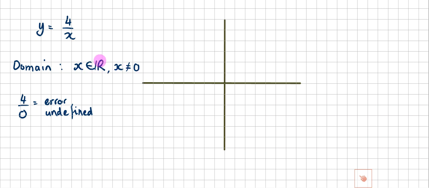What does this bit mean? Well, it suggests that I can put any other value in. Does that make sense? Alright. So what does that mean we do on our graph? Well, my asymptote, I'm going to put my dotted line at x equals 0. How does that look?